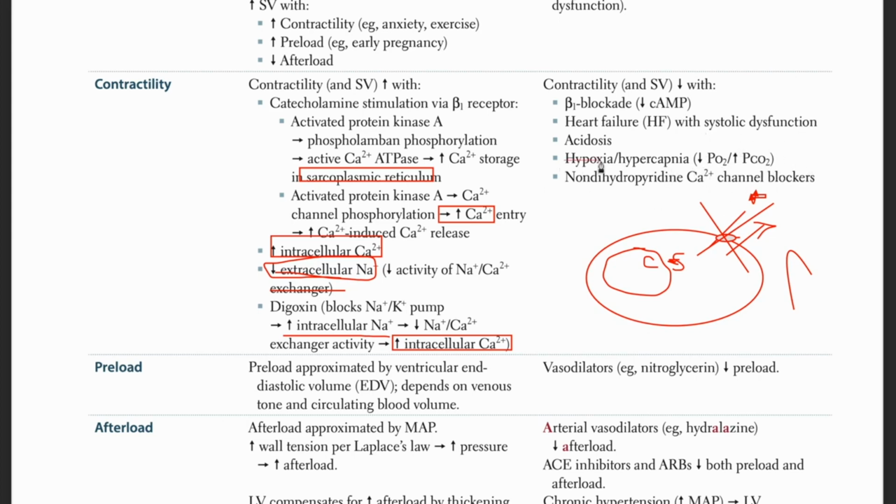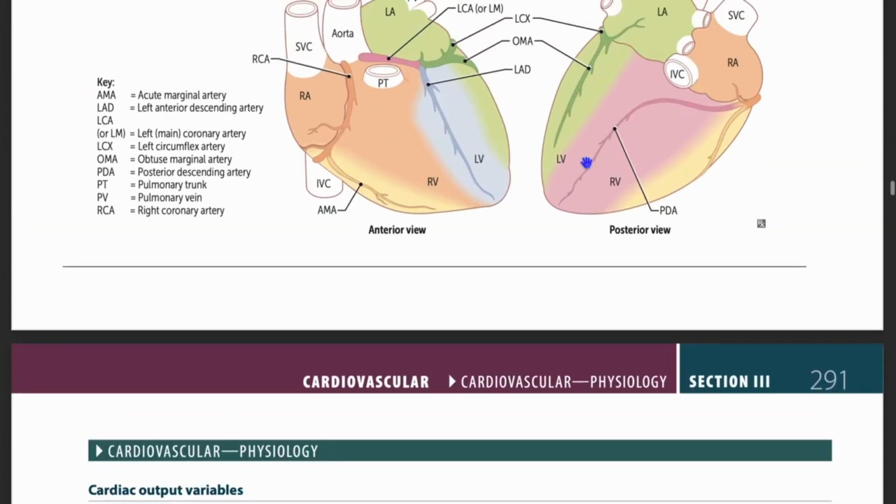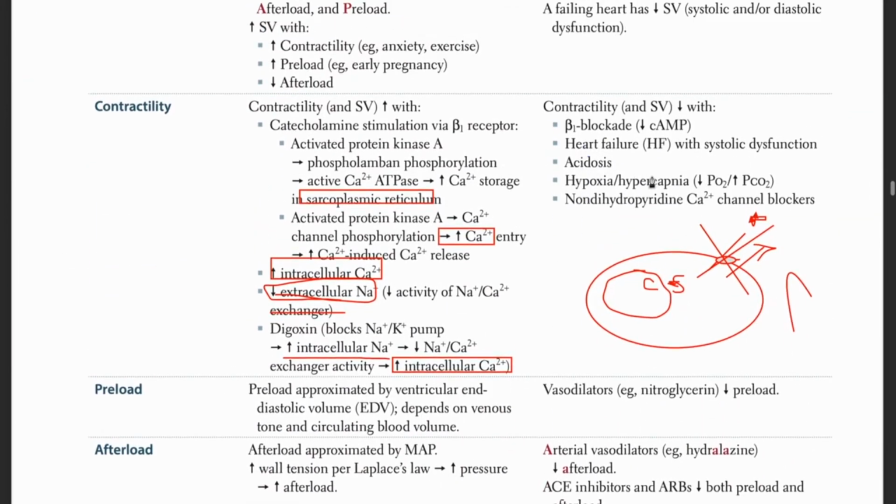Okay, so hypoxia, hypercapnia. Then you have non-dihydropyridine calcium channel blockers. We'll learn about this in the pharm section of CVS. So when you have decrease in oxygen, this is an important concept too, because up here we just talked about coronary vessels. They require oxygen to function and to have the left ventricle contract. If you don't have oxygen, there won't be ATP.